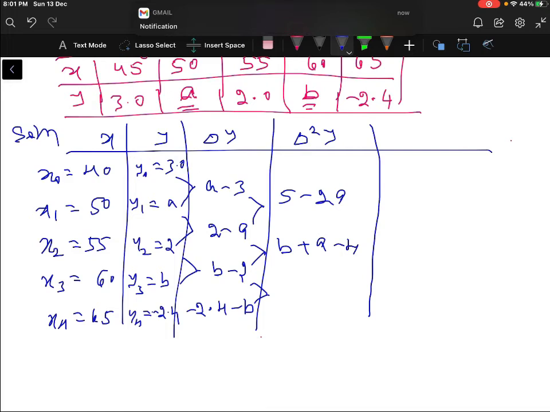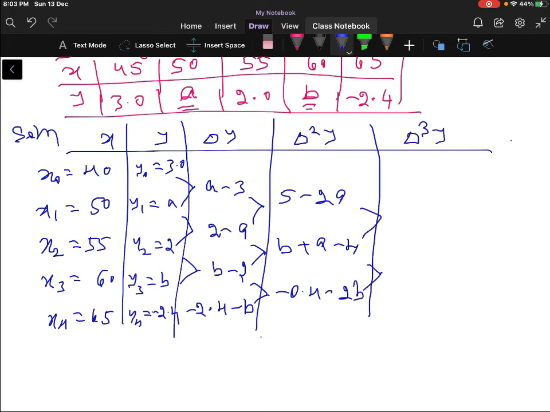Now the difference of these two values here is minus 0.4 minus 2b. Construct the third forward differences here. The difference of b plus a minus 4 and 5 minus 2a is 3a plus b minus 9.